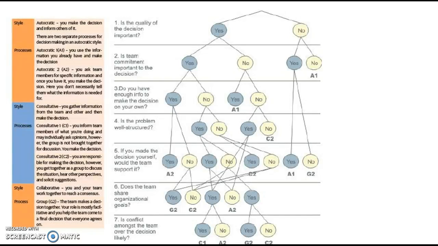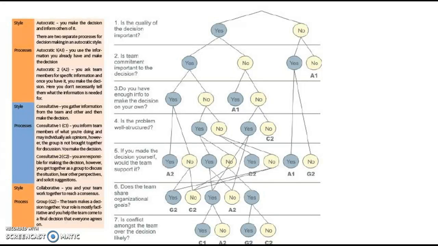When you reach an ending, for example, if you decide that the quality of the decision isn't important and that team commitment isn't important to the decision, you would end up with an A1 response. An A1 means that it is autocratic. You have the information you need as a leader, you make the decision, and you move on. You don't have to involve anybody else.